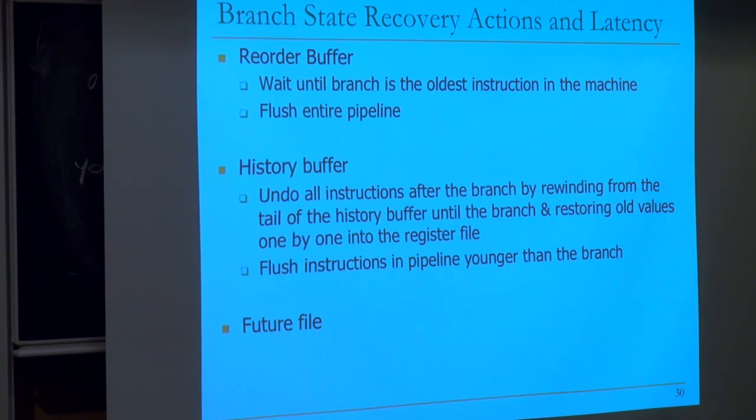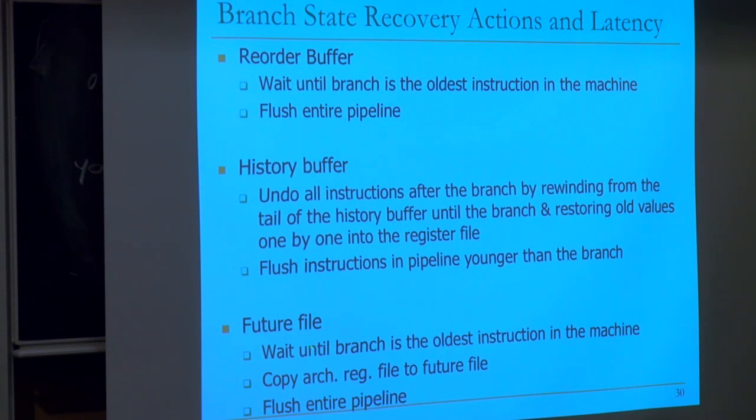With a history buffer, well, we need to undo all instructions after the branch by rewinding from the tail of the history buffer until the branch, and by restoring old values one by one into the register file. And we need to flush instructions in the pipeline that are younger than the branch. With a future file, we need to again wait until the branch is the oldest instruction in the machine, copy the architectural register file to the future register file, and flush the entire pipeline.